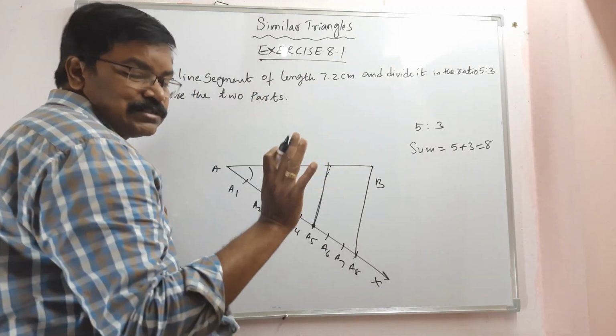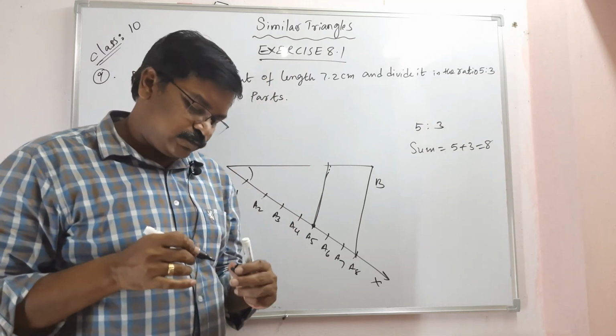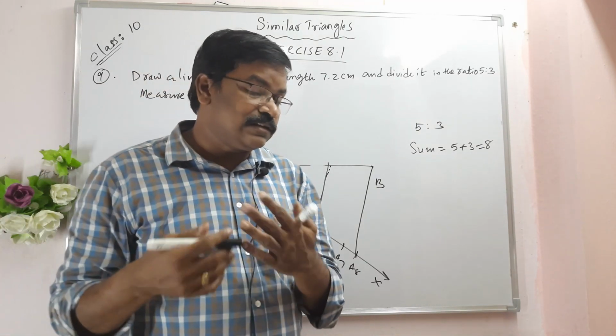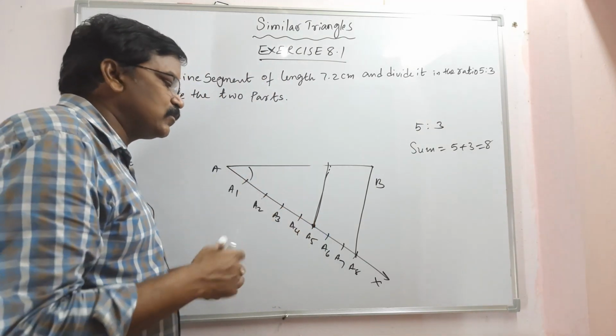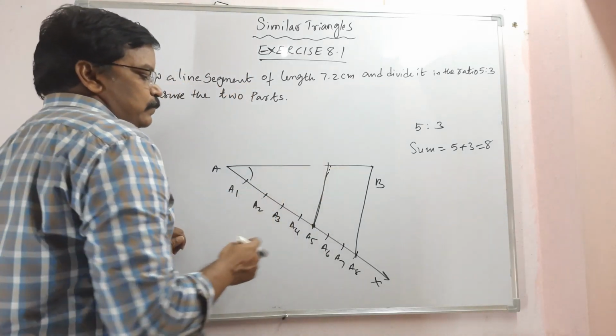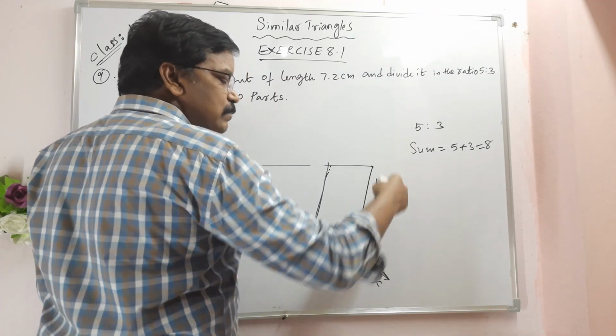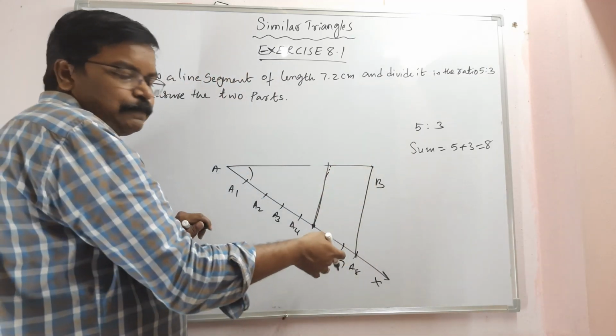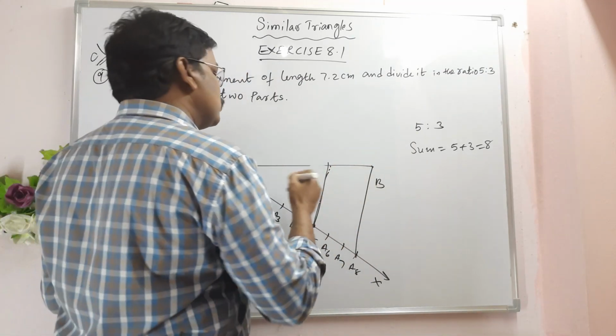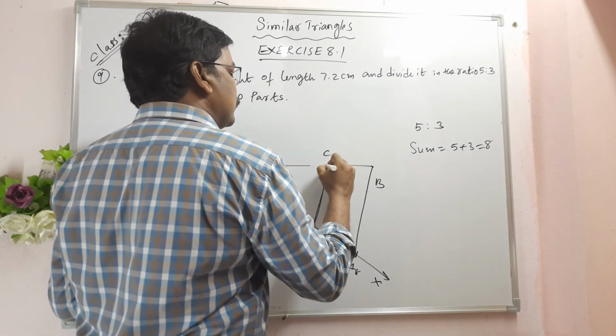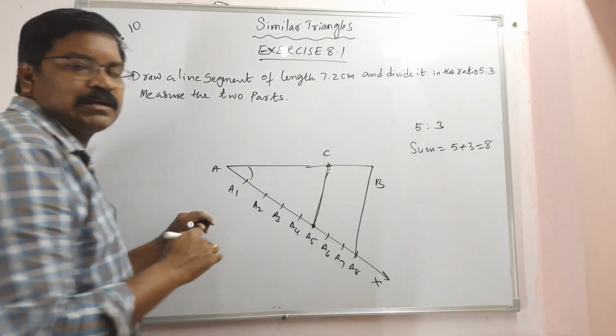For all these constructions I will use one geometry box, then it's very easy for you. Through A5 you have to draw a parallel line, parallel to A8B. So these two are parallel. It intersects AB at some point C.